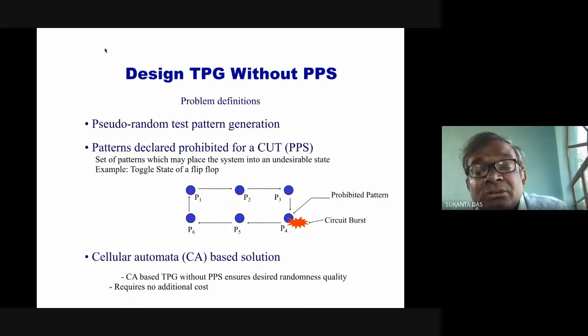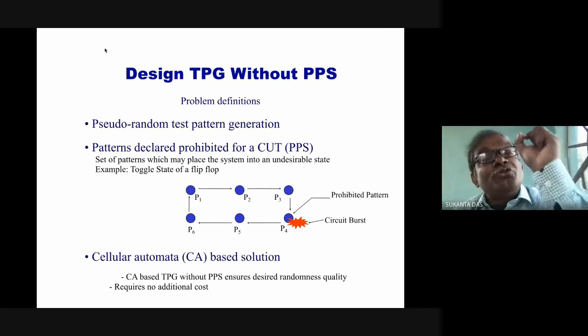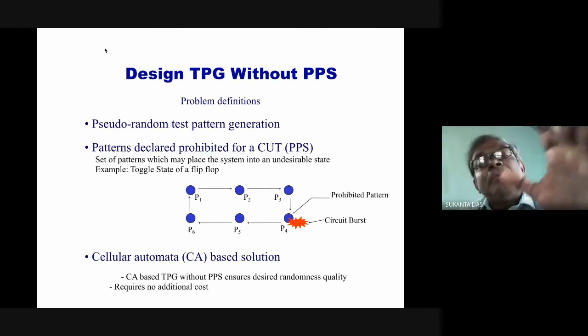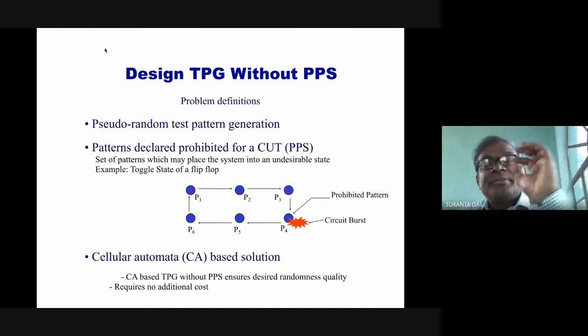Therefore, during testing, P4 should not come. Additionally, these are random patterns, not deterministic patterns. So P5, P6, P1, P2 should appear as random patterns. This is the requirement, so the requirement is contradictory. You are not supplying deterministic patterns, you are supplying random patterns. But a constraint is put here, that some pattern should not come here, right?